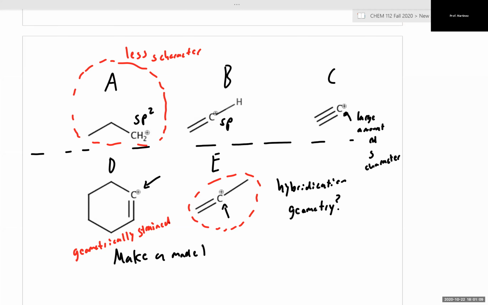And the moment you see an attempt to make a model of structure D, you're going to notice something a little bit funny. Does this structure D look any bit reasonable to everyone? Looking at this, the carbocation has an sp hybridization based on the number of charged spheres.